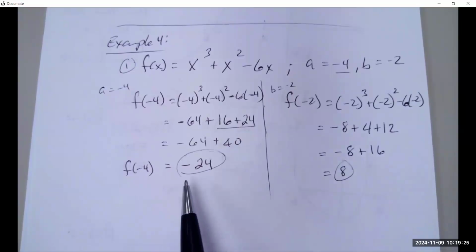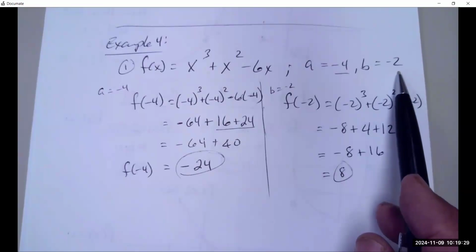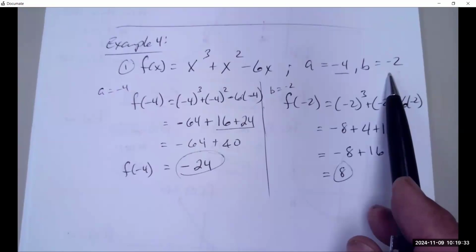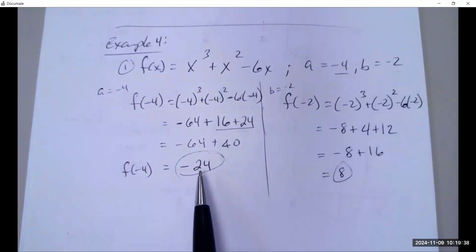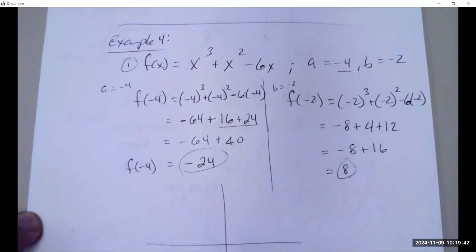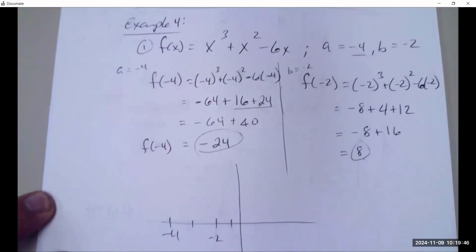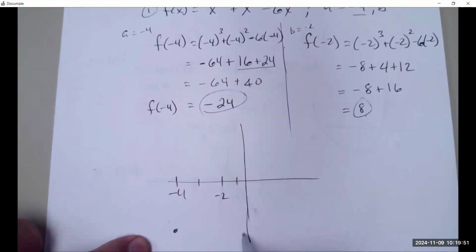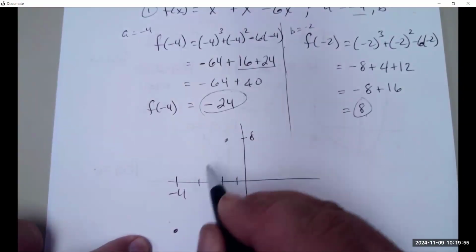So what it tells us is that between the numbers -4 and -2 on the x-axis, there has to be at least one x-intercept, because this one's negative and this one's positive. This one's -24, and this one's positive 8.